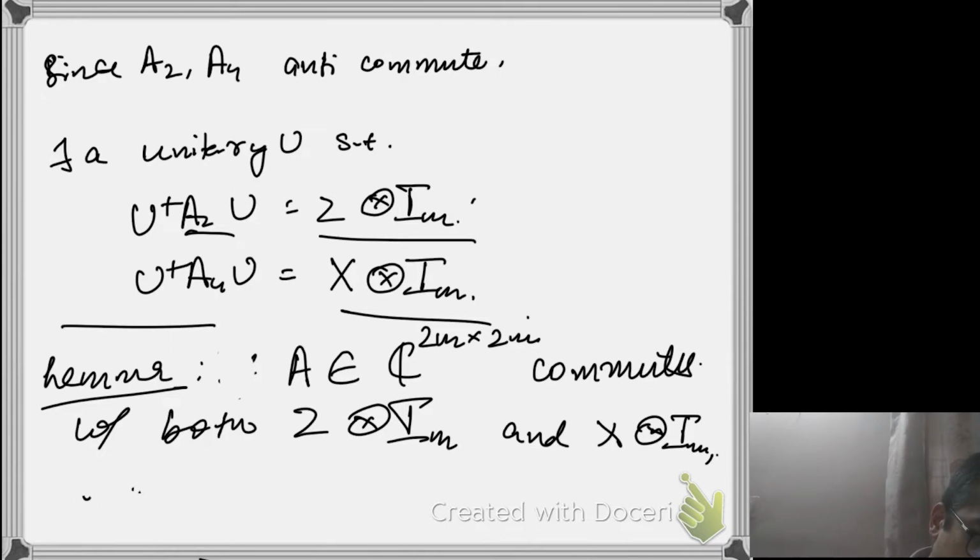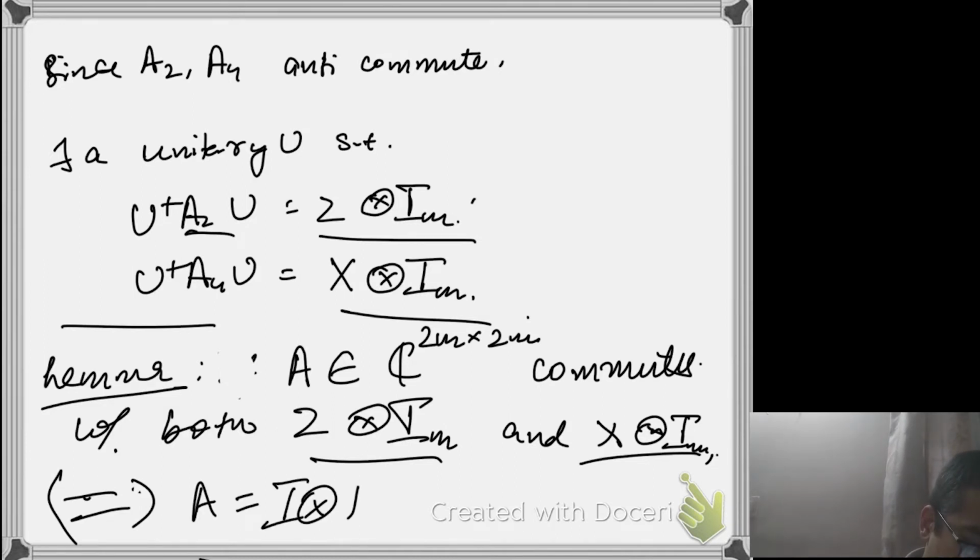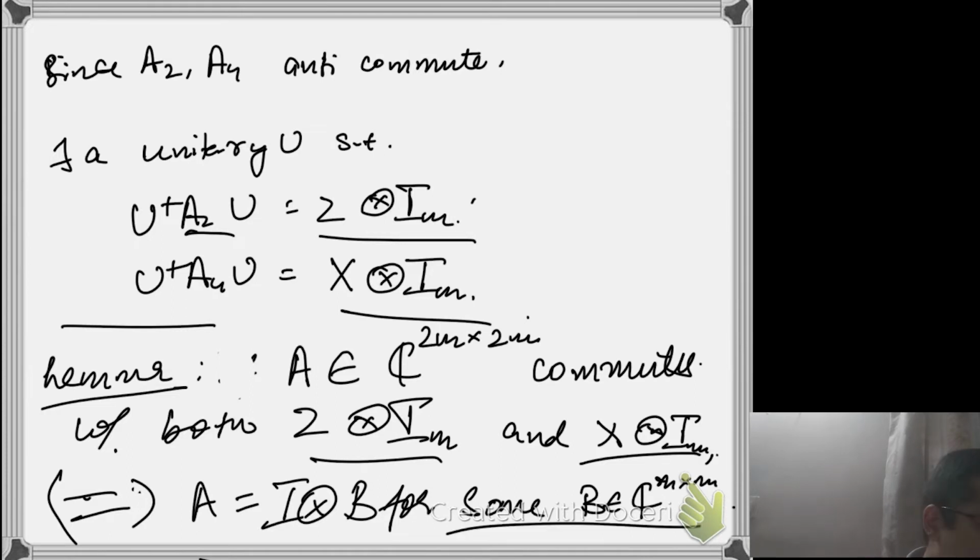So A in C^(2m x 2m) commutes with both Z tensor IM and X tensor IM if and only if A equals I tensor B for some B in C^(m x m). This is what we will try to prove. So let's prove this.